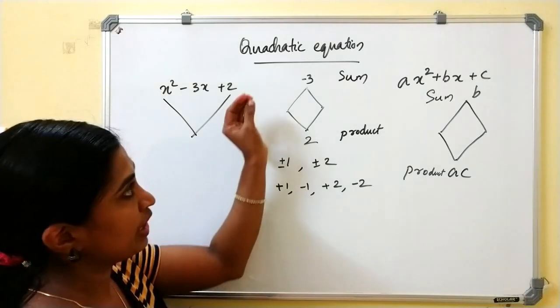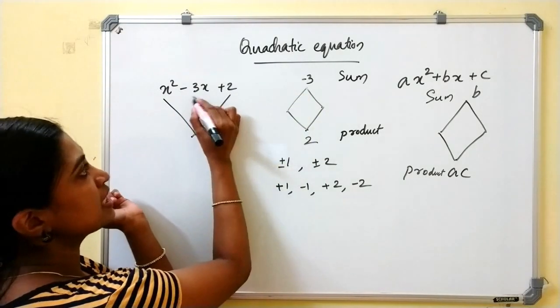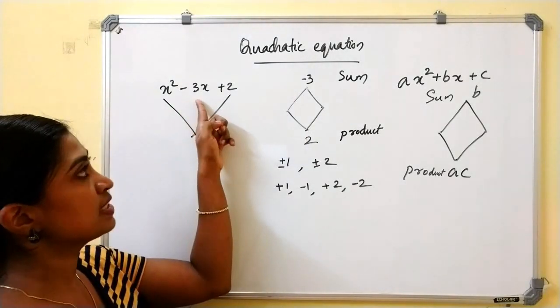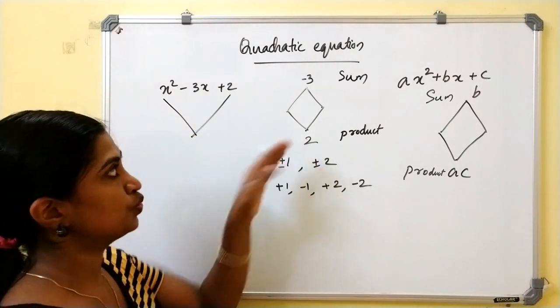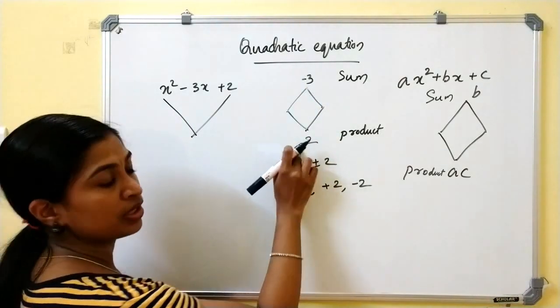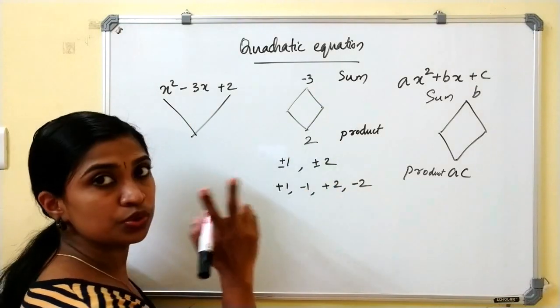So we have to find sum. We have to split this minus 3 into 2 terms, so that the sum is minus 3 and the product is 2. We have to split 2 into 2.